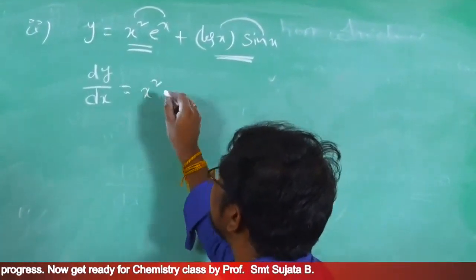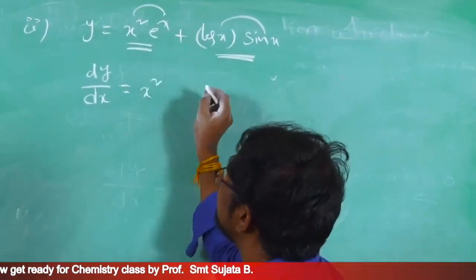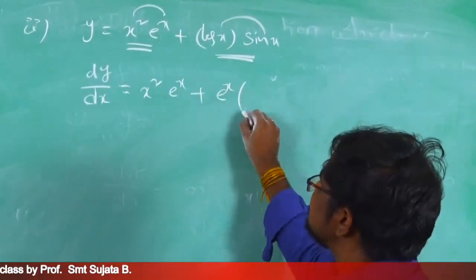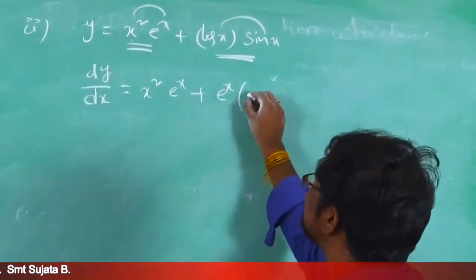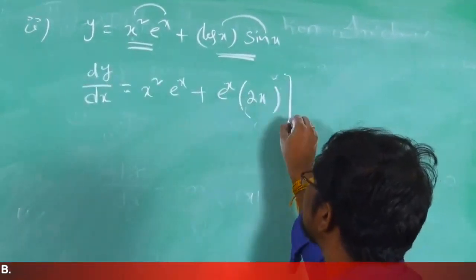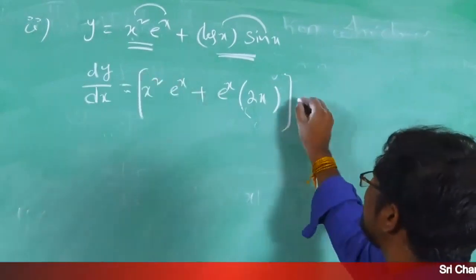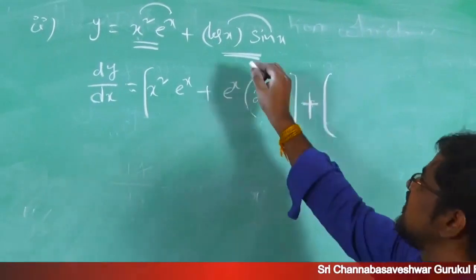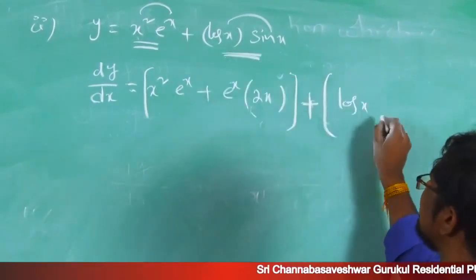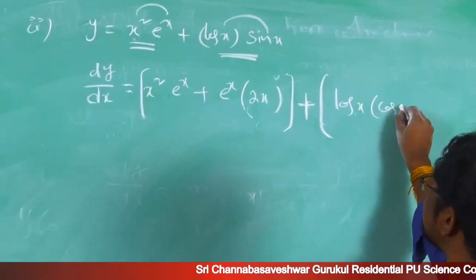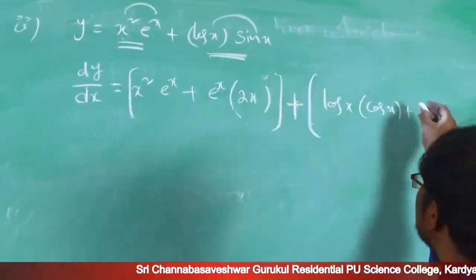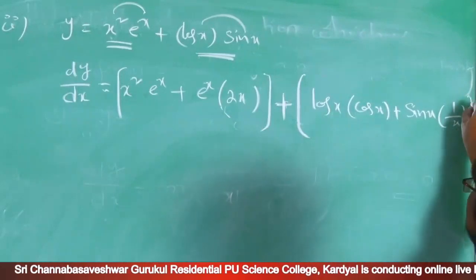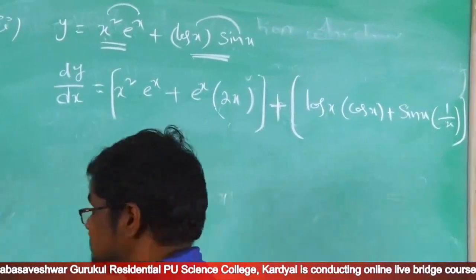So x square into d by dx of e power x, which is e power x only, plus e power x as it is, differentiation of x square, which is 2x. This is the first part. Second part: this is the first function, written as it is, differentiation of sin x is cos x, plus sin x as it is, differentiation of log x, which is 1 by x. This is the uv formula based problem.